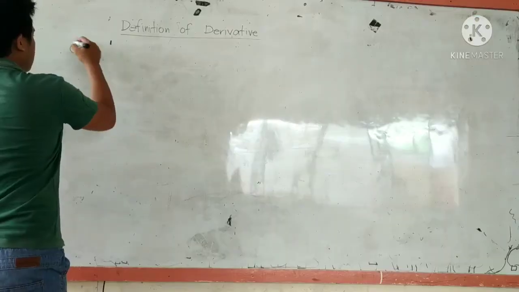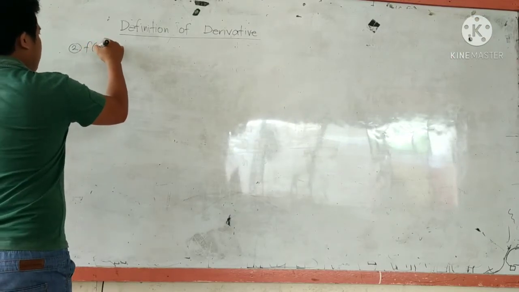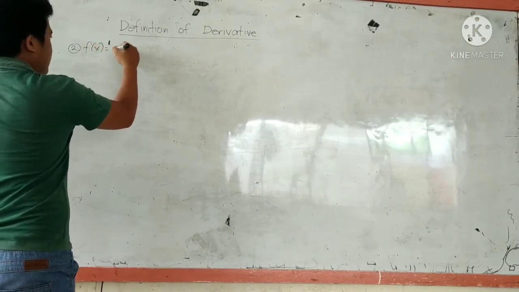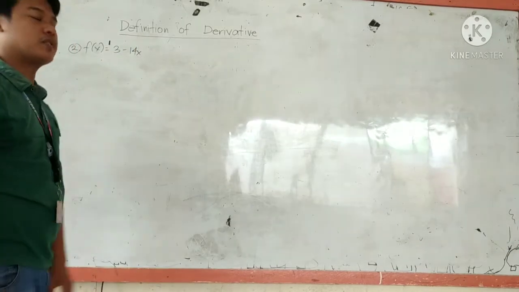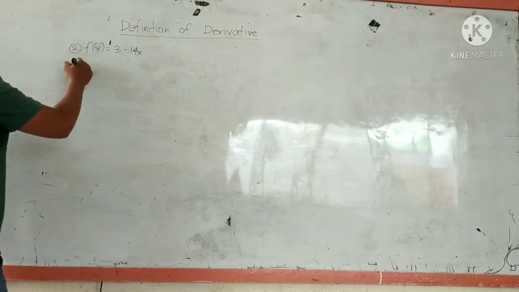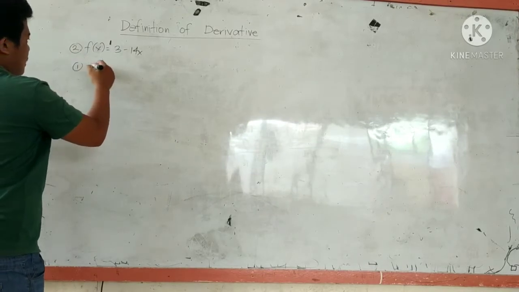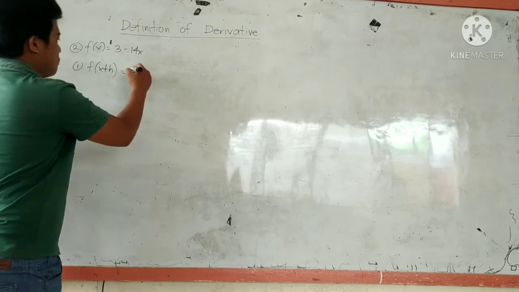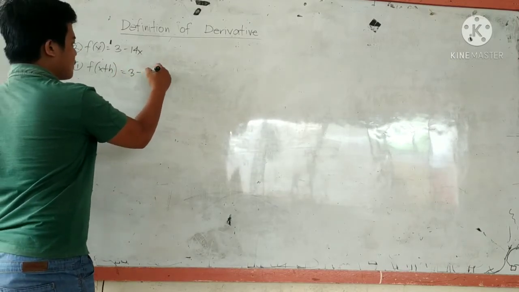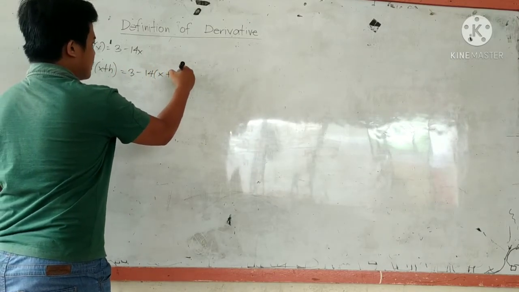Okay. We have f of x equals 3 minus 14x. Still, we are going to use the definition of derivative. In the first step, we are going to evaluate f of x plus h, which would be 3 minus 14 times x plus h.